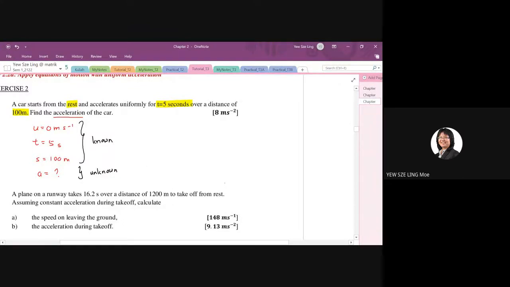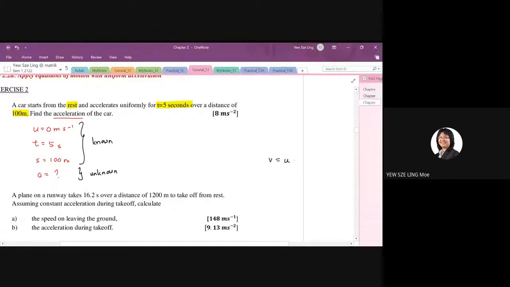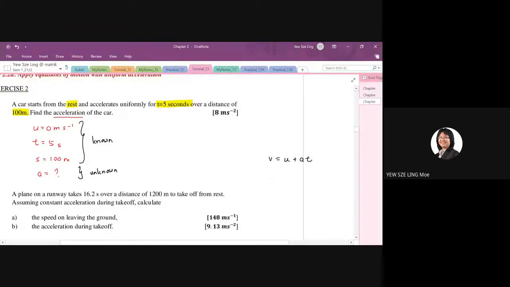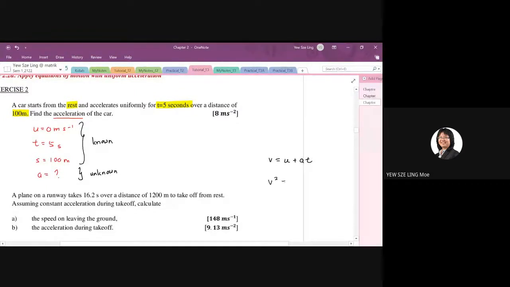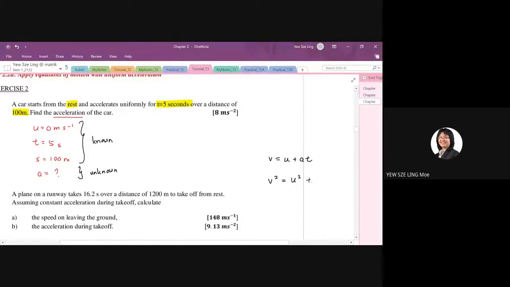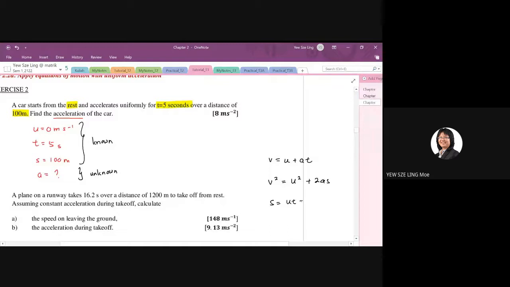So what are the equations of linear motion? We have 4 equations in total. The first one is v equals u plus at, and then we have v squared equals u squared plus 2as. Next we have s equals ut plus 1 over 2 at squared.